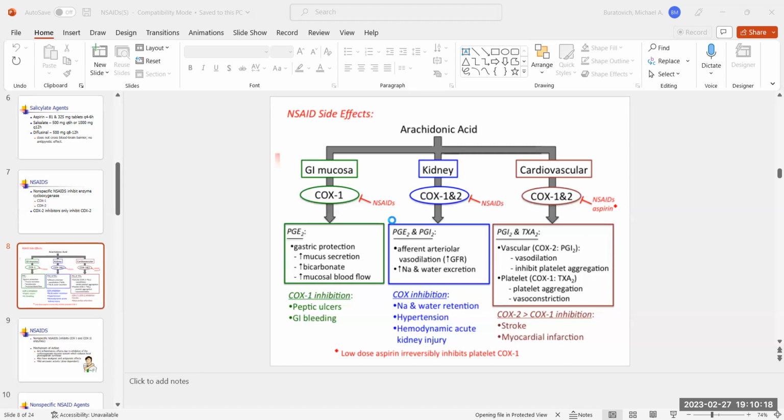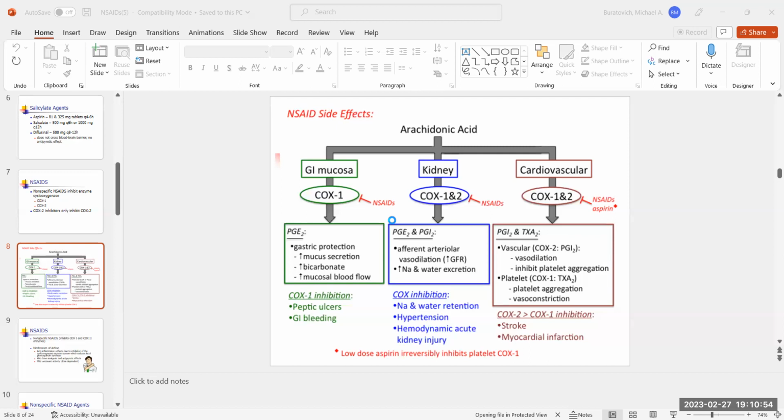Third place where NSAIDs can make their long-term side effects apparent is in the cardiovascular system. Here you have an interplay between the endothelial cells and the platelets. Do platelets have nuclei? No. So they can't remake enzymes if you inhibit them permanently. Endothelial cells have nuclei. They can remake enzymes if they're inhibited permanently.